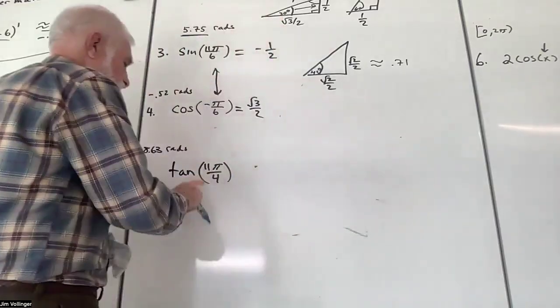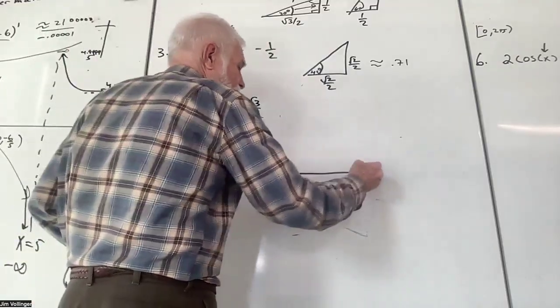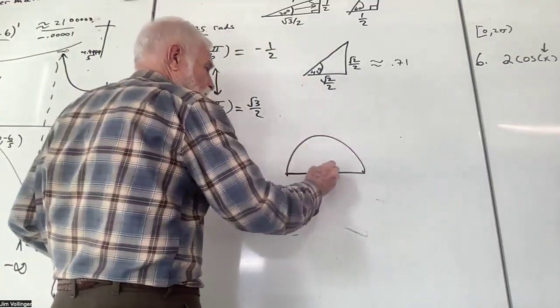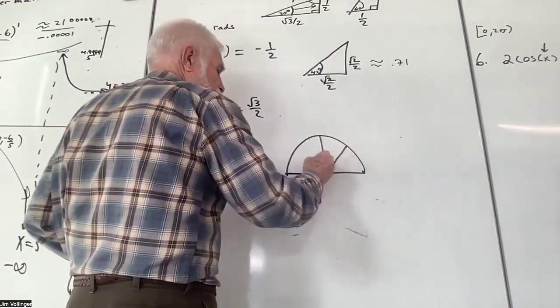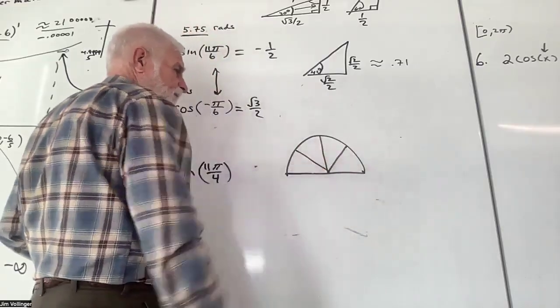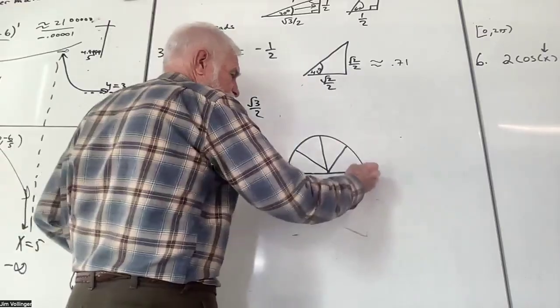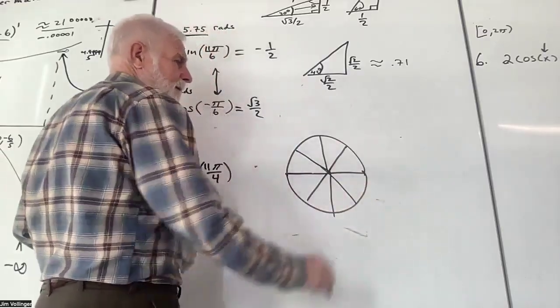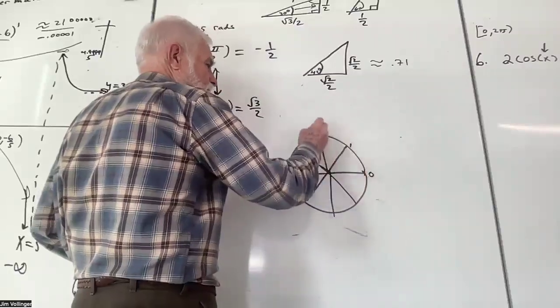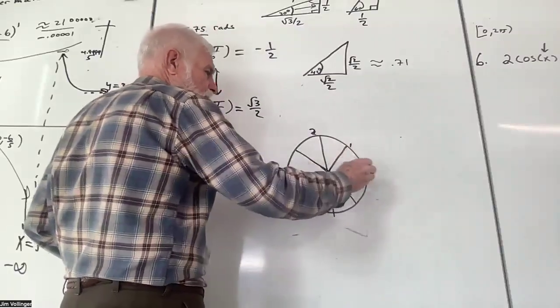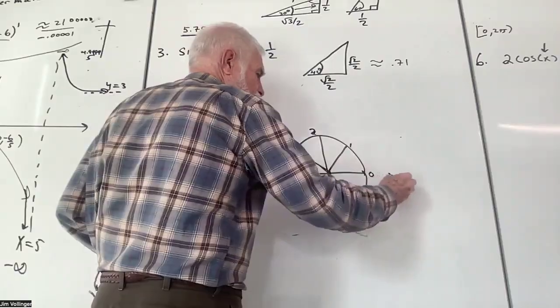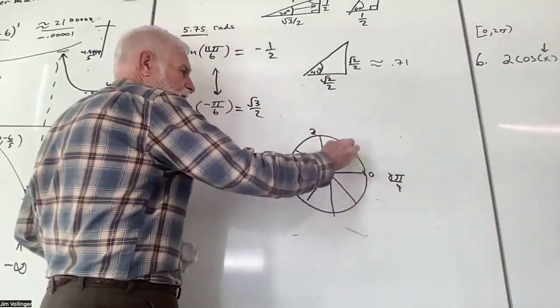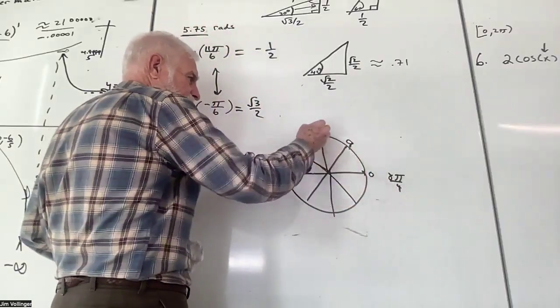So where are we? 11 pi/4, pi, 180 degrees broken up into 4 parts. Every one of these angles is 45 degrees. That means we have 8 of them. If this is 0, 1, 2, so on and so forth, 8 pi/4, once around the circle, so that becomes 9, that becomes 10.